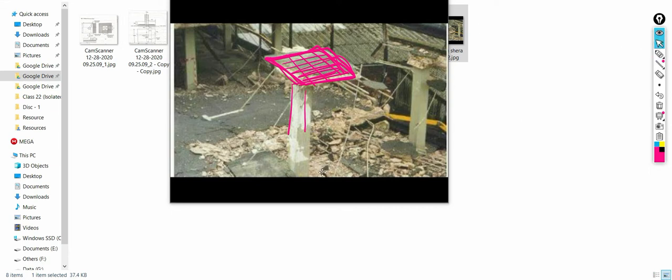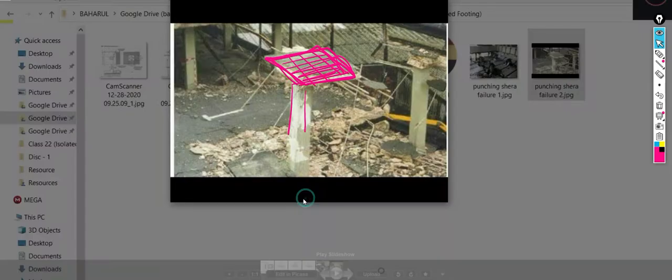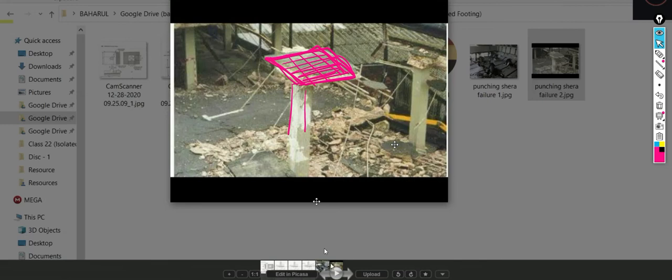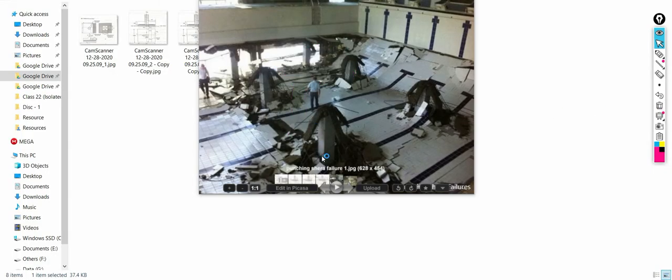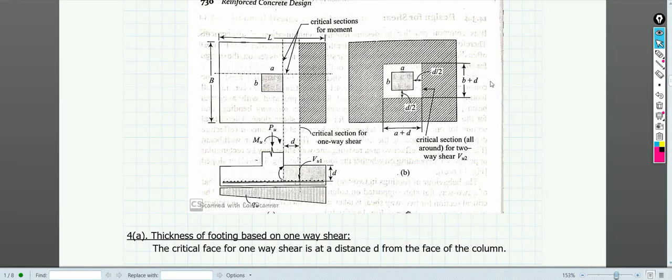There are some other examples also. You can see over here, the column comes out of the slab, so this kind of shear might happen. You have to take care that this kind of shear failure doesn't occur in your footing. So this is the one-way shear case and this is two-way shear.